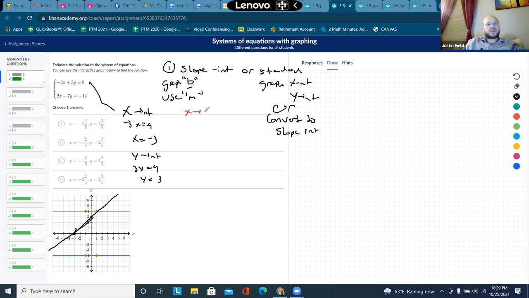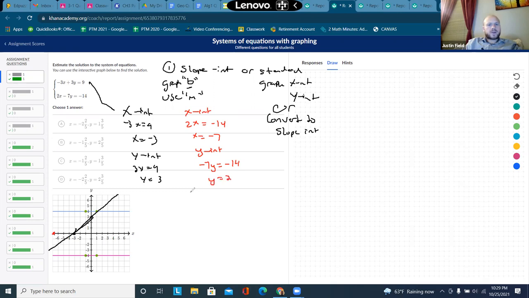So the x-intercept. Oh, because they're both in standard form. Hopefully you know that because we already did some assignments with standard form. So in this one, x would be -7. And then the y-intercept, -7y is -14.